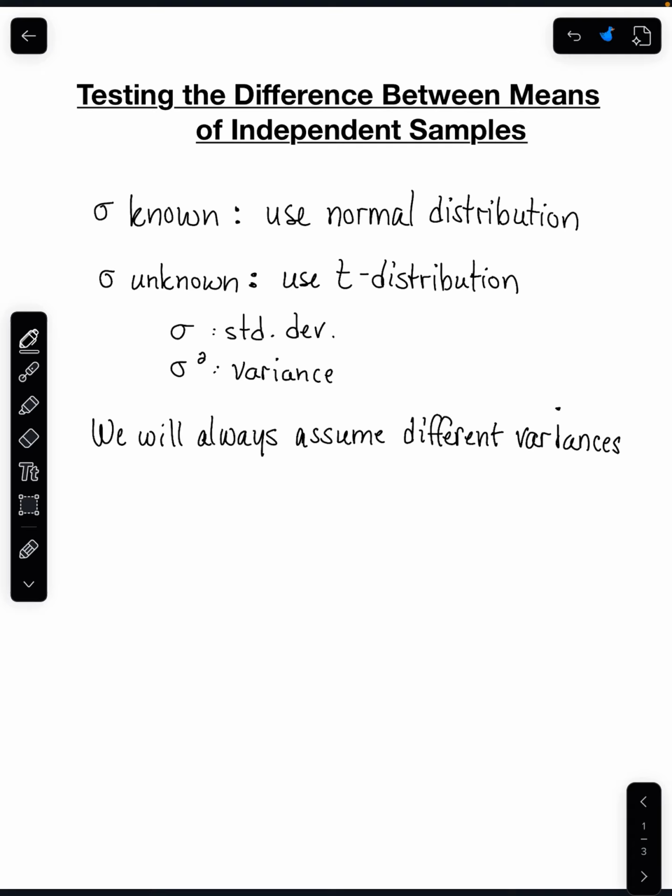The t-distribution is, again, bell-shaped, and it will have a mean of our sampling distribution that comes from the difference between the means of the populations, which, remember, we are assuming to be equal. That is, of course, going to be the null hypothesis.